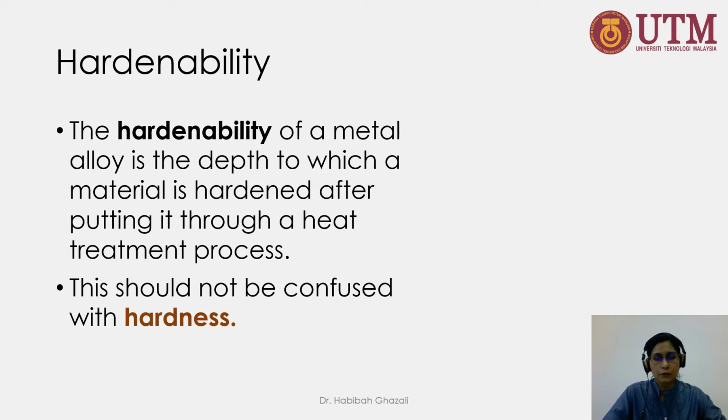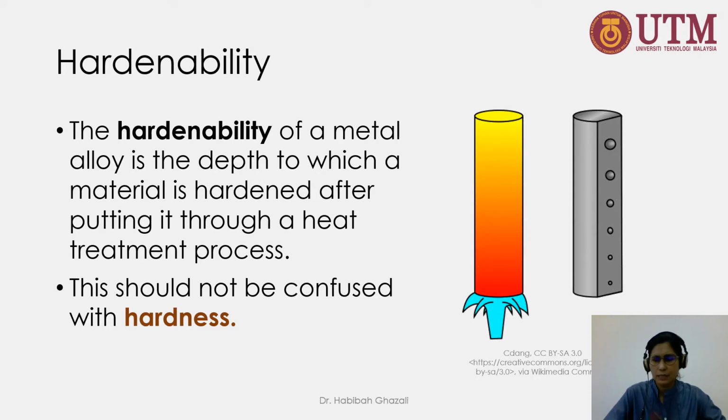You should not confuse this with hardness. To give you a simple example, let's say I have metal A and metal B, and both of them have the same dimension, same structure, exactly the same diameter, and now I quench them. I took them out and looked at the cross-sectional area to look at the transformation that happened from the surface to the inside.